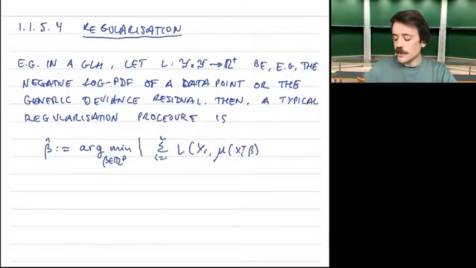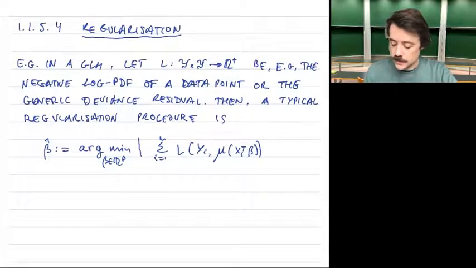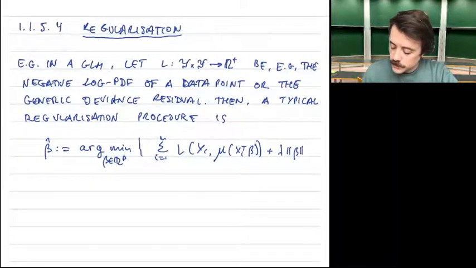Okay, so far, if we stopped here, it would be our original way of fitting the beta parameter, especially if we take here the negative log PDF, right? And what we can do to this term is to add this penalty term.